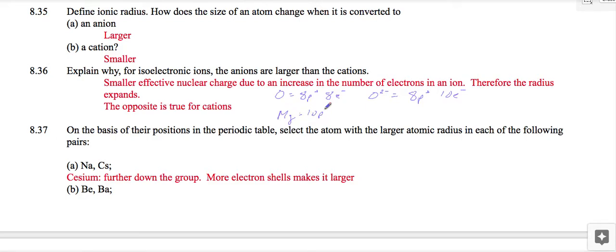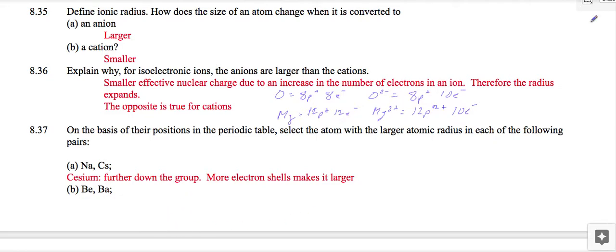Magnesium with a +2 charge would be 12 protons and 10 electrons. Oops, sorry, I messed it up. Fewer electrons there, so the nucleus has a greater pull on the remaining electrons, so it shrinks.